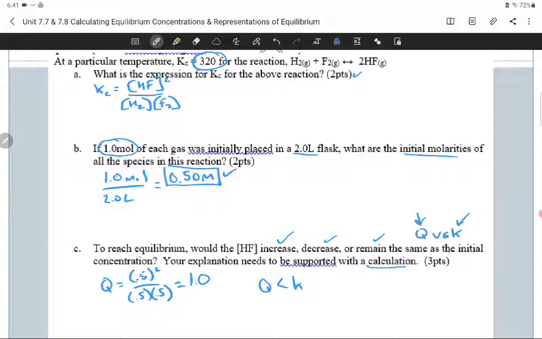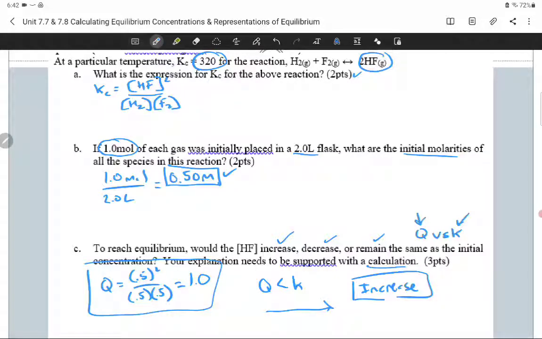So that means that the reaction proceeds from reactant to product. So you would be able to make more product. Is HF a product? It is a product. So increase. And then that is our supporting calculation.